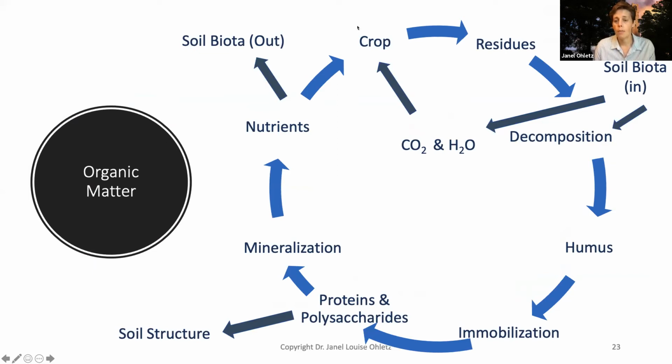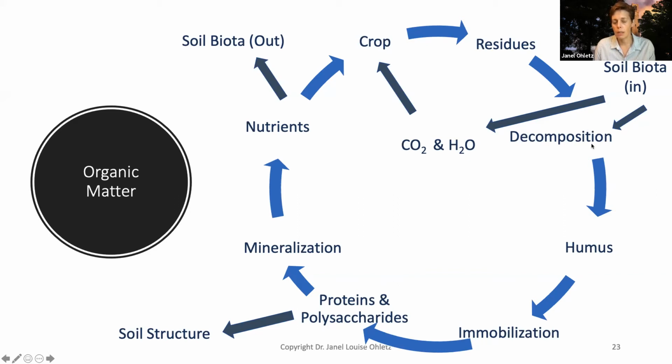We have the crop that is actively growing. It is taking up carbon dioxide and water. Then the crop is done, or it's the end of the season, or we harvest it and leave some residue behind, or perhaps this is cover crops. And so you have some decaying matter, and in come the soil biota, which need oxygen in order to function in the decomposition of these residues.